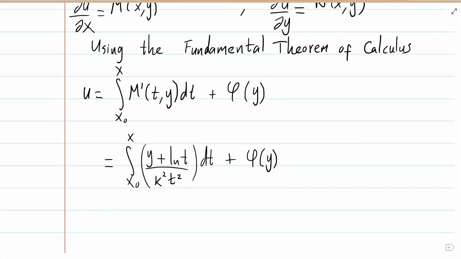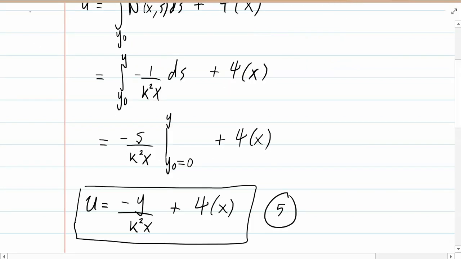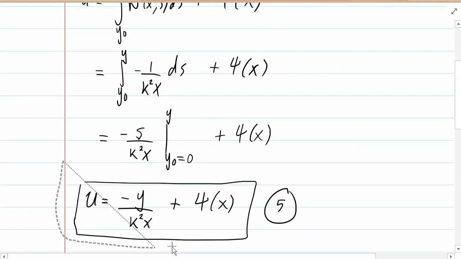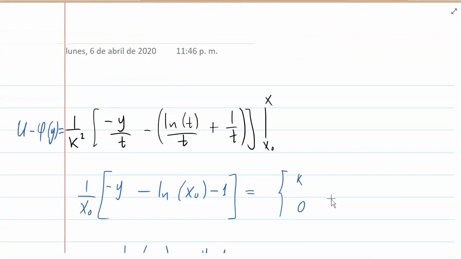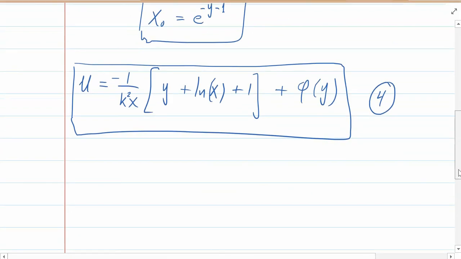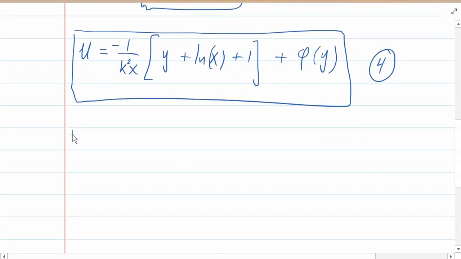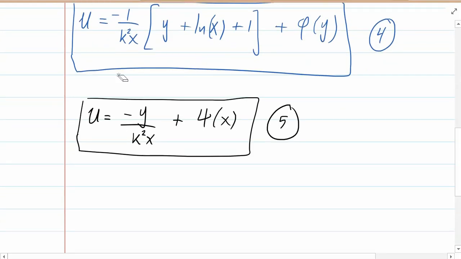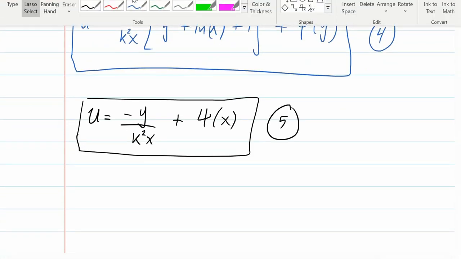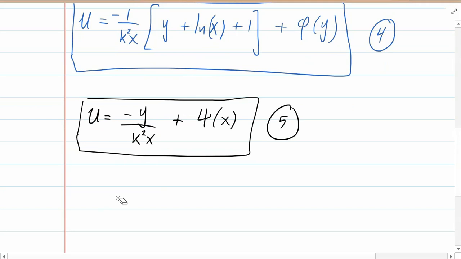Now let's compare that with equation 5. We already had an equation 5, which is right here. I don't need to make any changes on that one because I did not have the problem of choosing the appropriate value for y naught. That only happened in x naught. So when we compare those two equations, I see that the first term is negative y over k squared x.